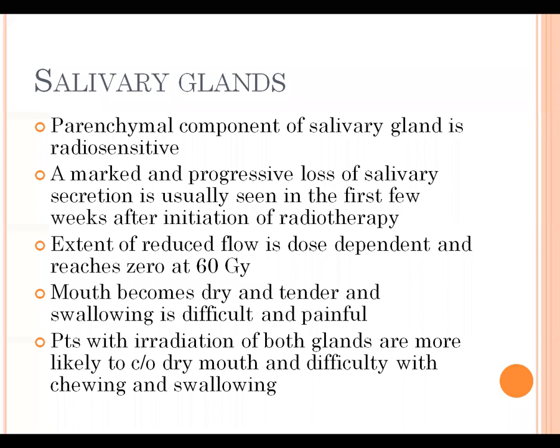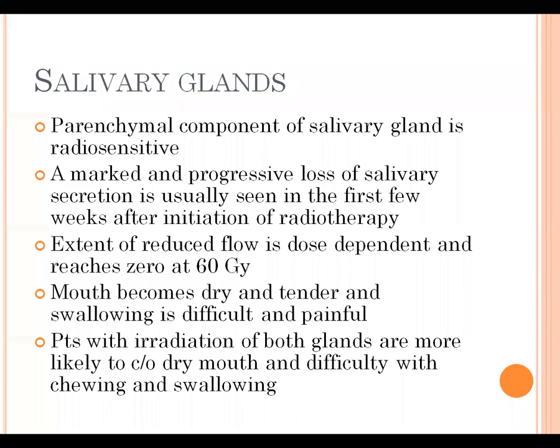The parenchymal component of the salivary gland is radiosensitive, and a marked progressive loss of salivary secretion is usually seen in the first few weeks after the initiation of therapy. So in the starting of radiation therapy itself, you will see the loss of salivary secretion.